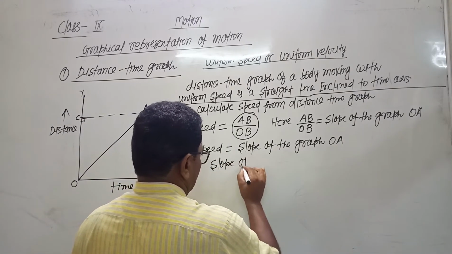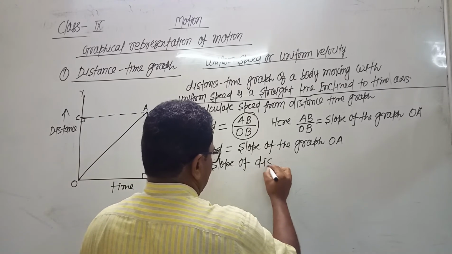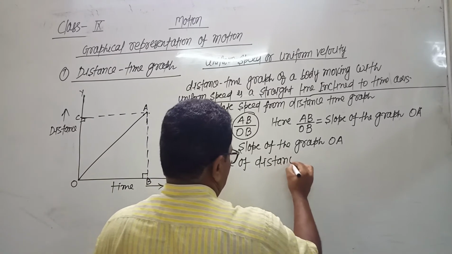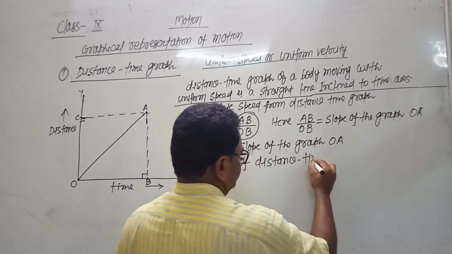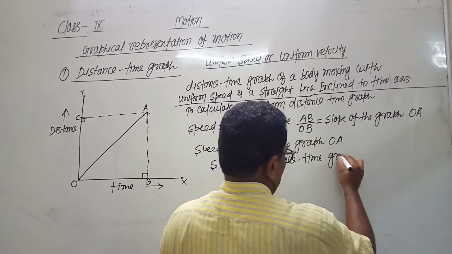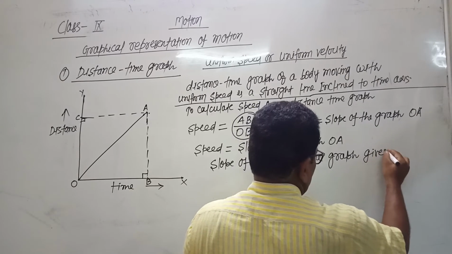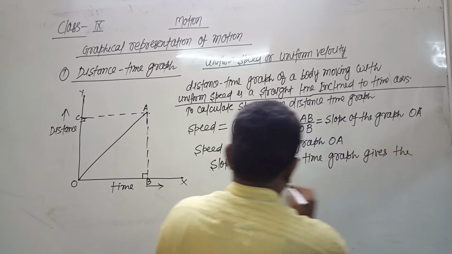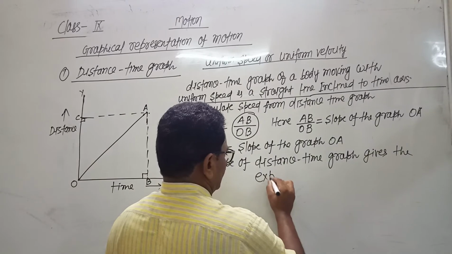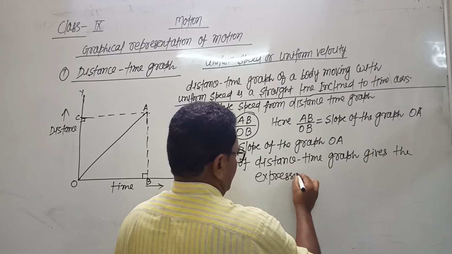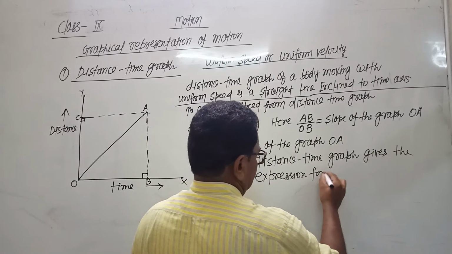The slope of the distance time graph gives the expression for speed.